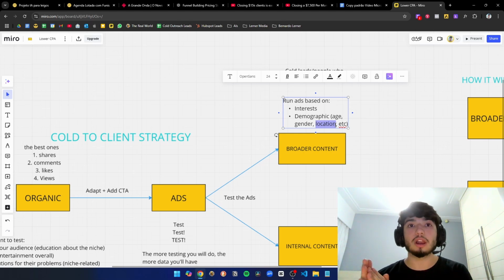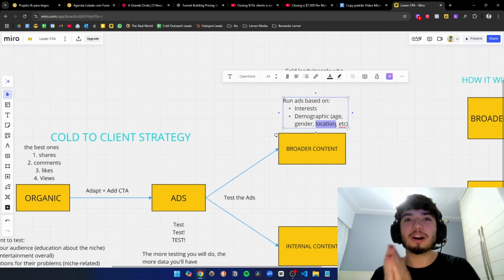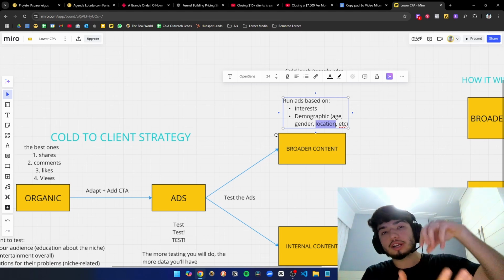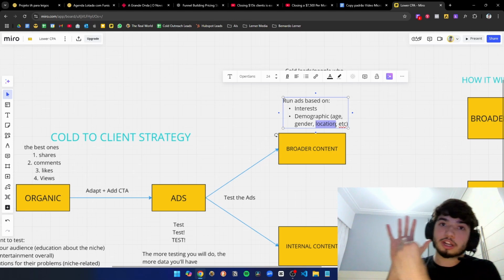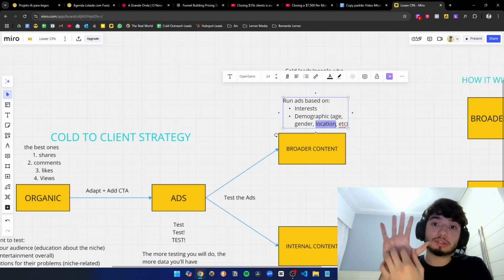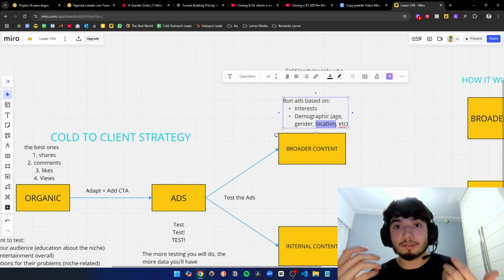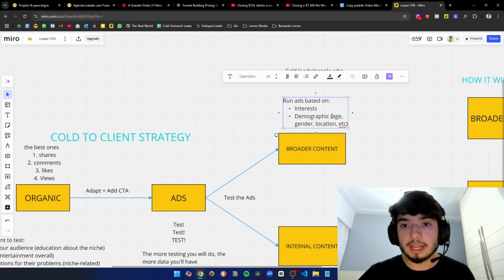If you've seen that a lot of people from Cheyenne, Wyoming are buying your shoes, you should make more ads targeting people from Cheyenne and surroundings. You should target more people from Cheyenne and surroundings because if they're buying, people around them tend to buy even more. In age, gender, location, etc.